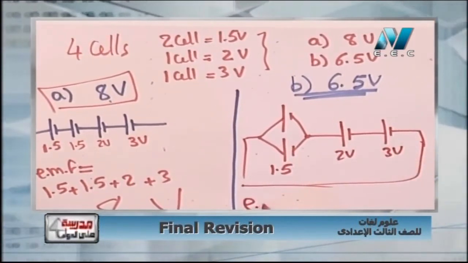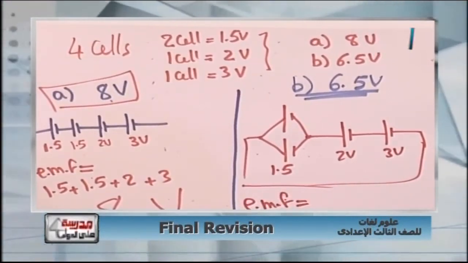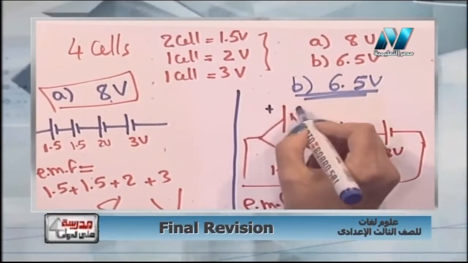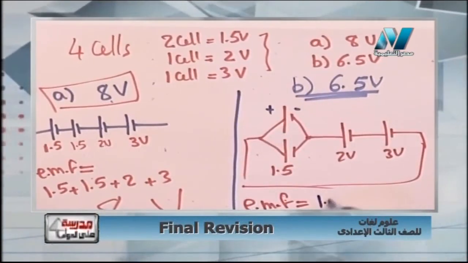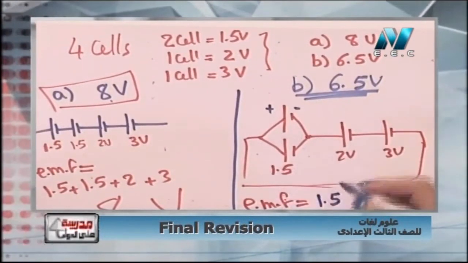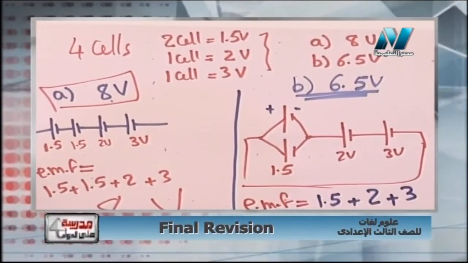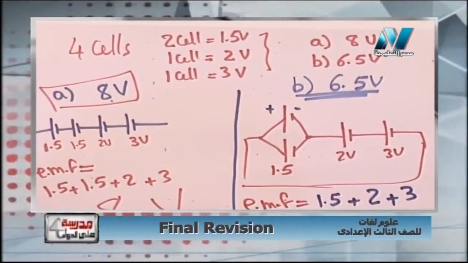So the EMF equals the total of this, this is the positive side and this is the negative side, 1.5, because the connection in parallel counts only one cell whatever the number, plus 2 plus 3, so it will be 6.5 volt.